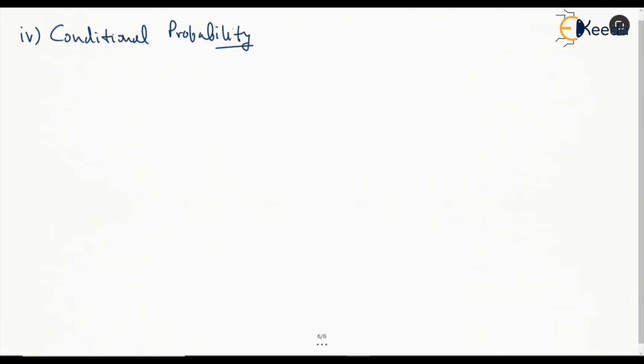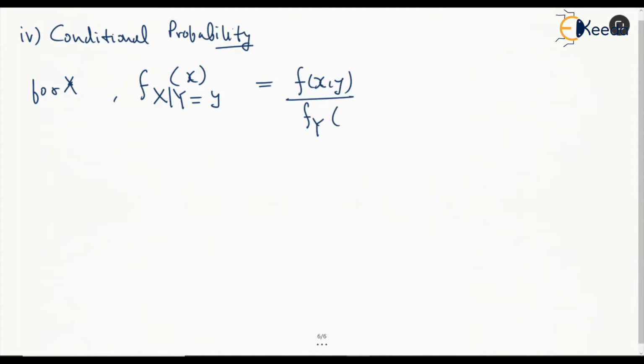Conditional probability, let's say for x, will be given by f of x given y equal to small y, and this will be nothing but the function of small x and y divided by the marginal probability of y in terms of small y.